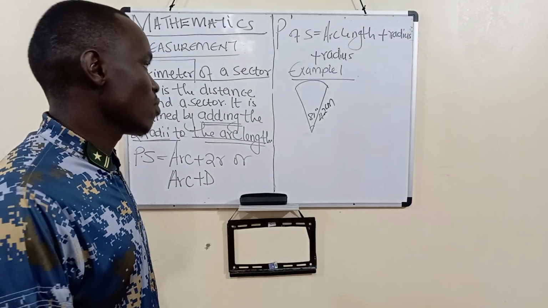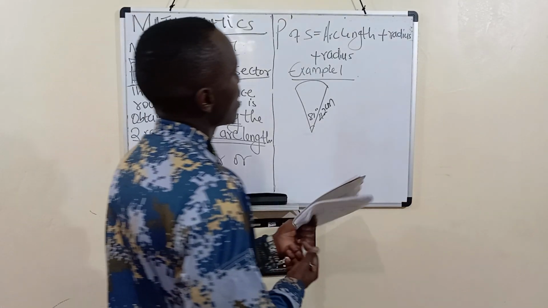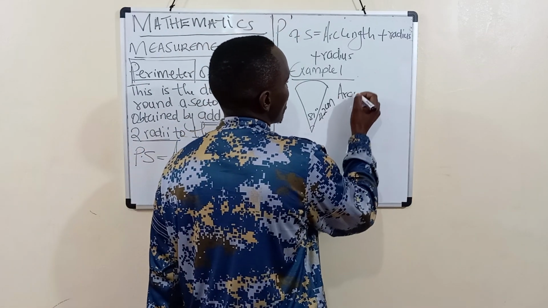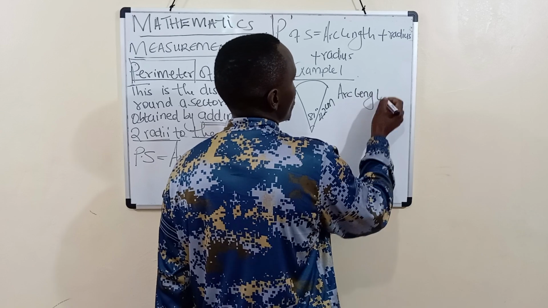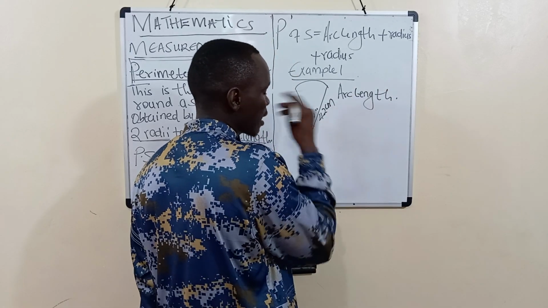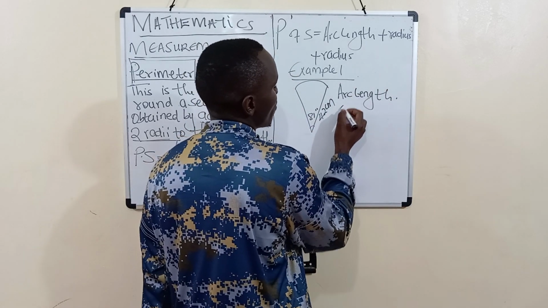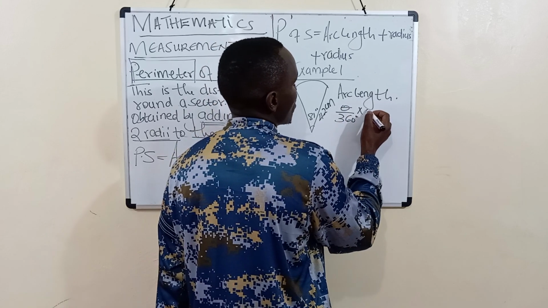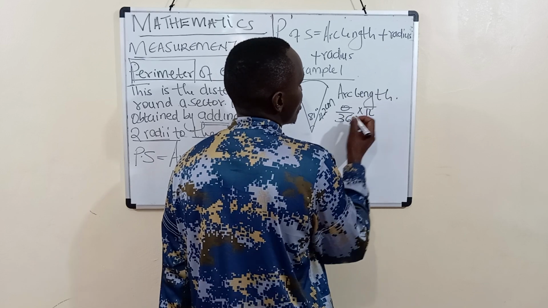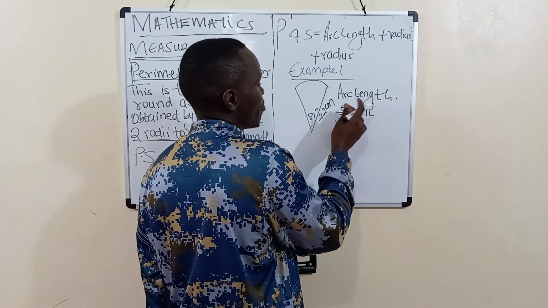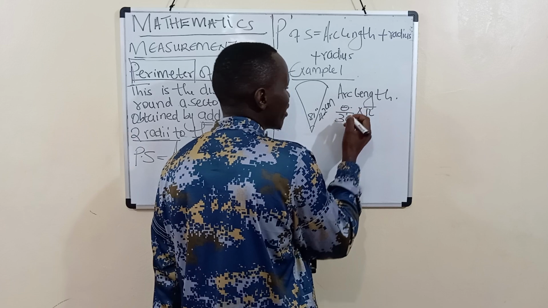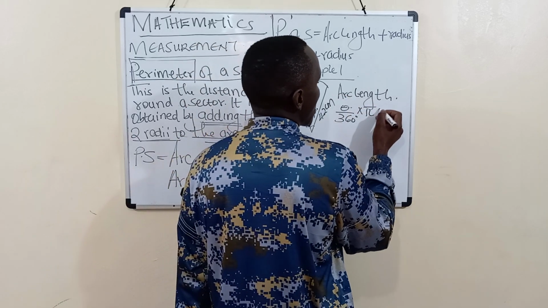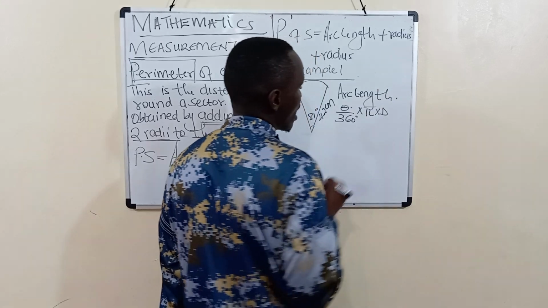So in this case, I want us to revisit the same: if we want to get the arc length of this sector, it will be given by theta all over 360 multiplied by pi times the diameter.